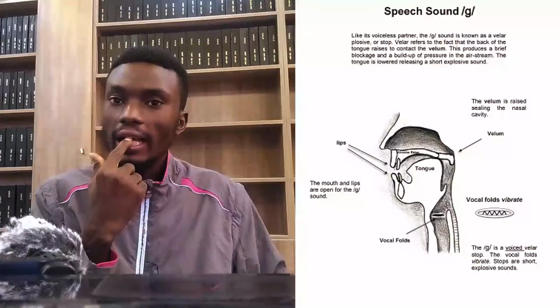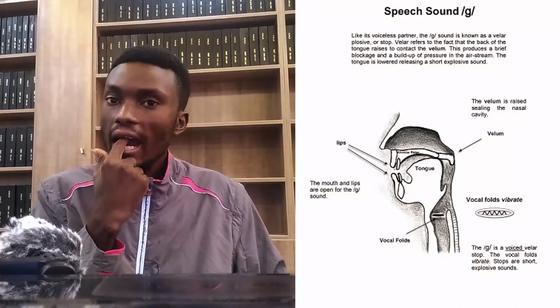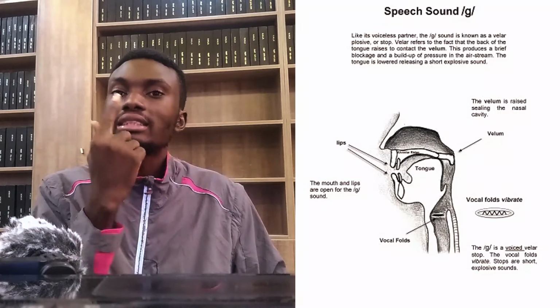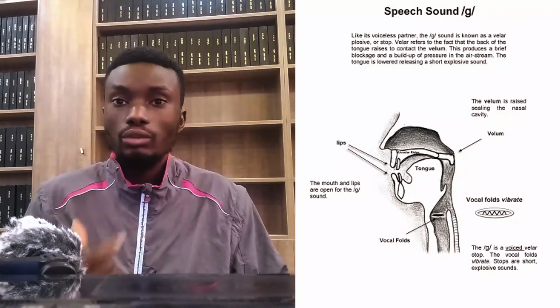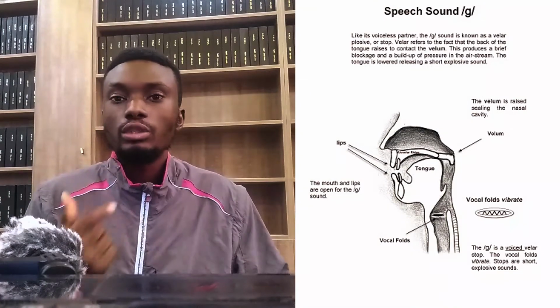Your velar is a little bit back. You have your alveolar here, then your post-alveolar here, which is the palatal, and then far back we have the velar. G touches your velar. That's how we pronounce G.